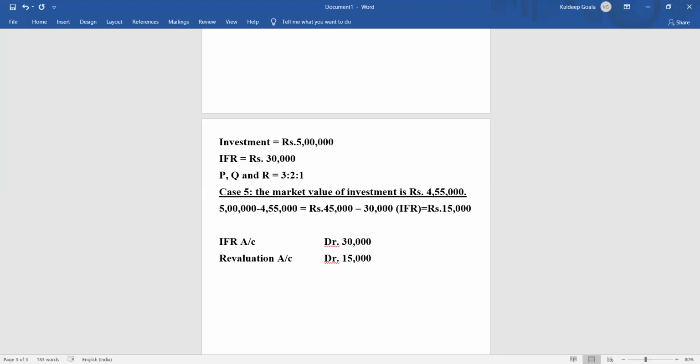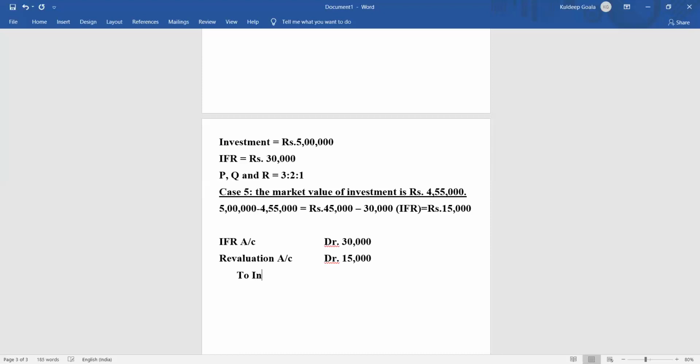How we are going to bear it? What is happening actually? This particular 30,000 and 15,000 means the total 45,000 is the loss of investment value, isn't it? So that investment value we have to decrease, because the investment value is decreasing. How much is it decreasing? Total 45,000, isn't it? So investment is an asset. Asset shows debit balance, and to decrease an asset you have to credit it. How much do you have to credit investment here?